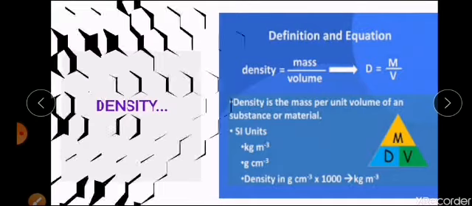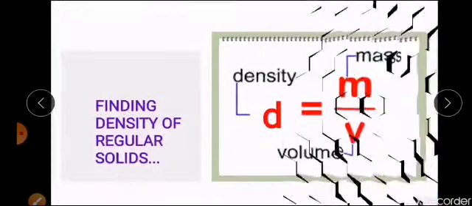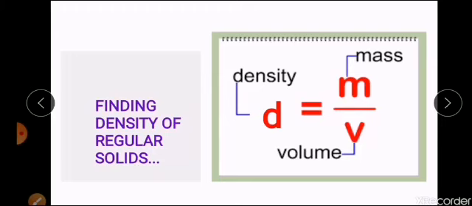Now let us see how we can find the density of regular solids. Whatever the regular solid, if you want to find the volume, the area, or the density, you can use the direct equation. For regular solids, we already have direct equations for finding the volume, which we have seen in the last class.